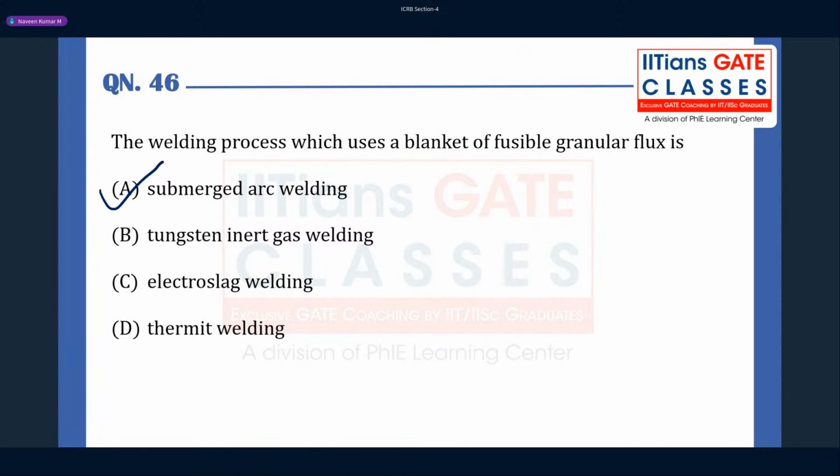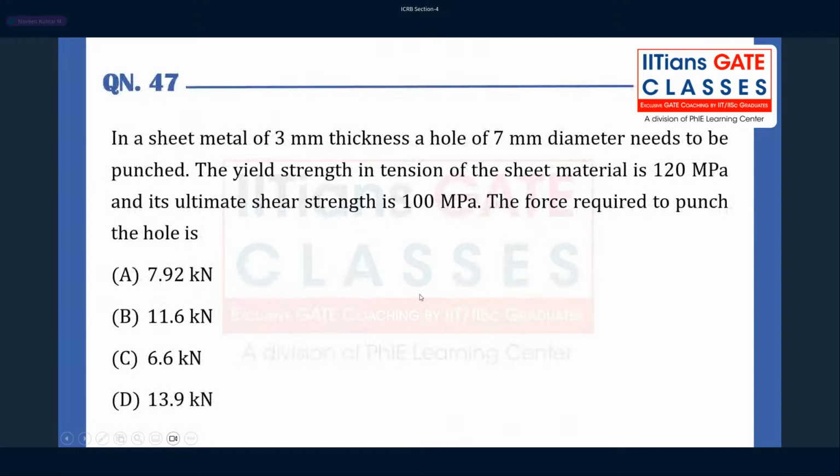Now next. In a sheet metal of 3 mm thickness, a hole 7 mm in diameter needs to be punched. So let's do that.